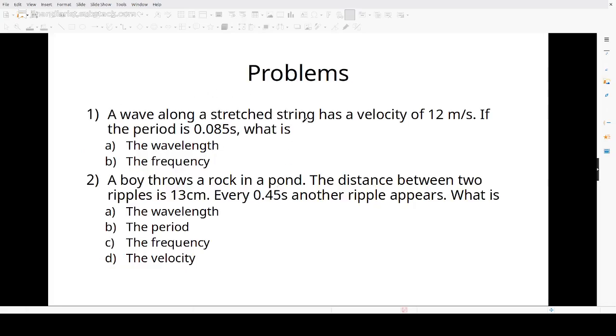A wave along a stretched spring has a velocity of 12 meters per second. If the period is 0.085 seconds, what's the wavelength and the frequency? So let's figure that out.